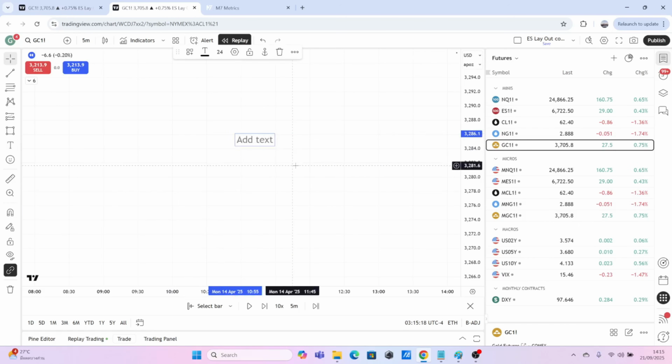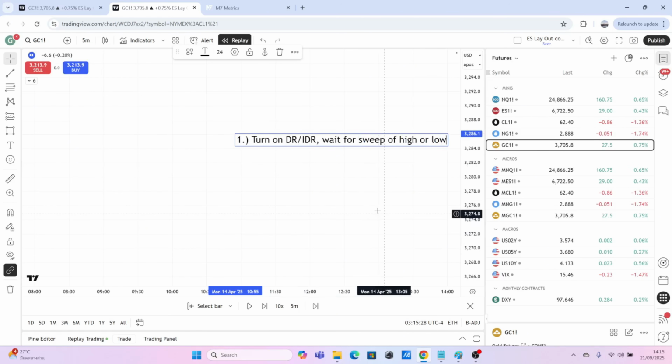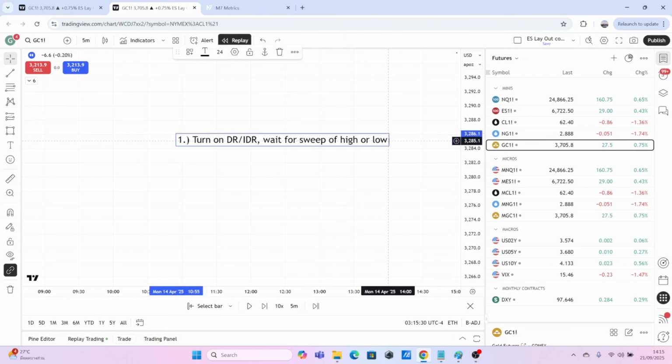So, one: turn on DR, IDR, wait for a sweep of the high or low. That's it. Two: turn on FVGs. Three: wait for a 5 minute inversion. Four: wait for a 5 minute FVG in the opposite direction.